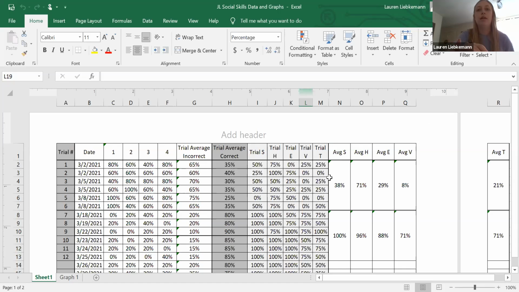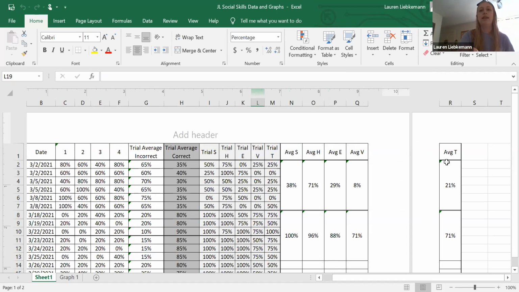Where you see the letters, that's his shoulder orientation, average head orientation, eye, the average volume of his voice, and then over on the side, tone of voice.